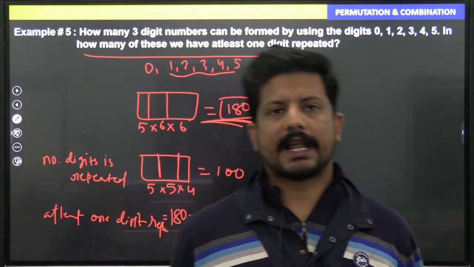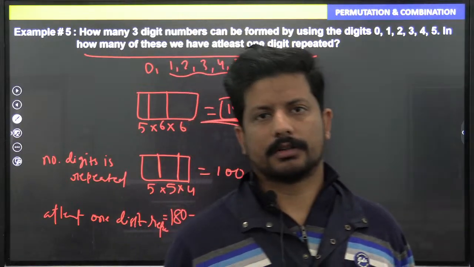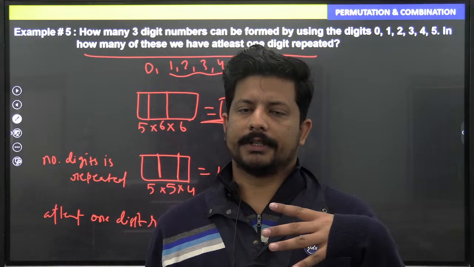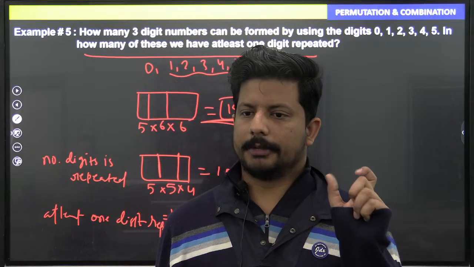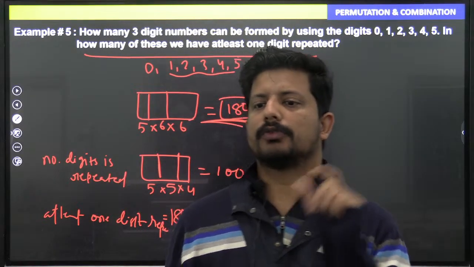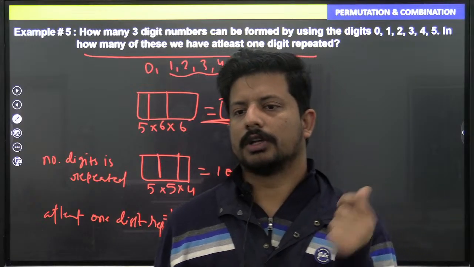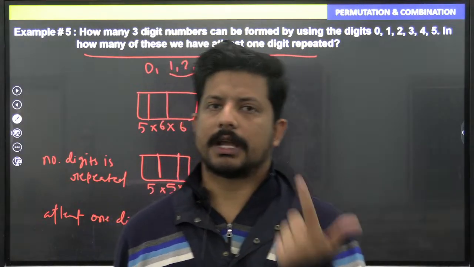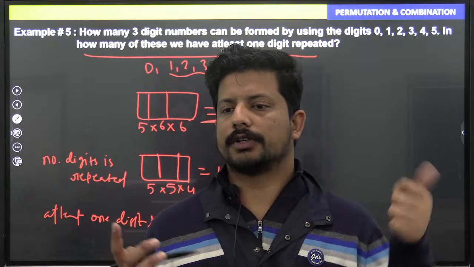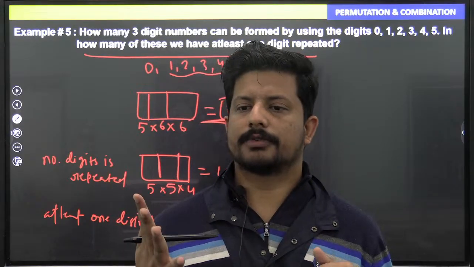Okay. Now they are asking at least one repeated. So what we have to do is: repeated and non-repeated minus non-repeated gives you repeated. Yes or no? Non-repeated means the first has 5 options, then 1 is used here, so we have 4, and 0 is added again, so that again gives you 5 options.